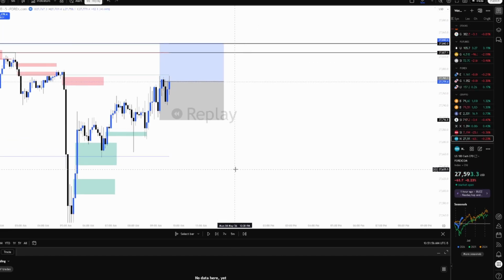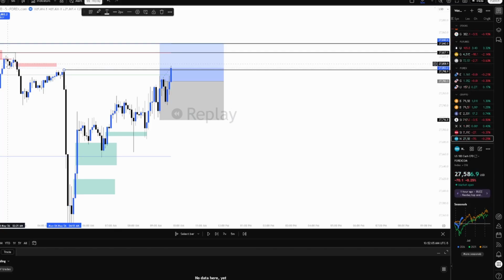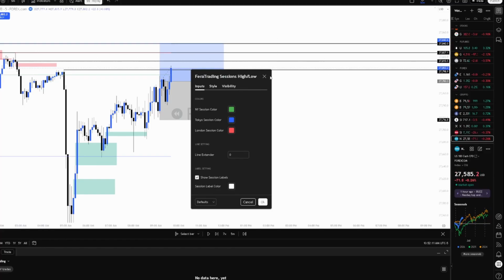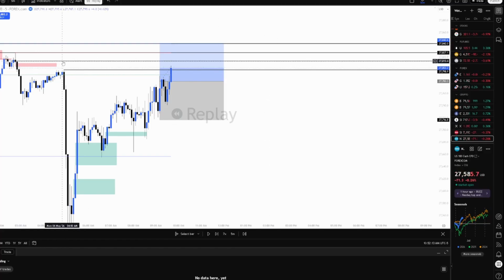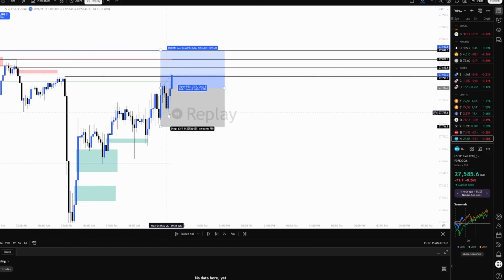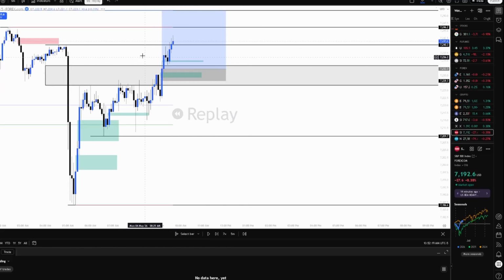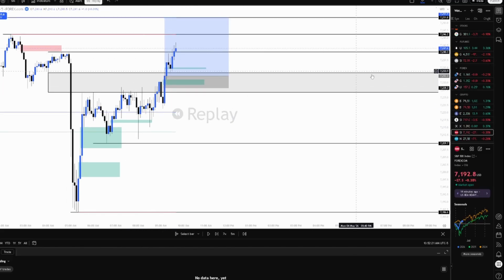Anyways. And then, boom. I did have partials here. And I think I had partials somewhere around there. Because I was sitting in this drawdown. And ES is taking out this high.